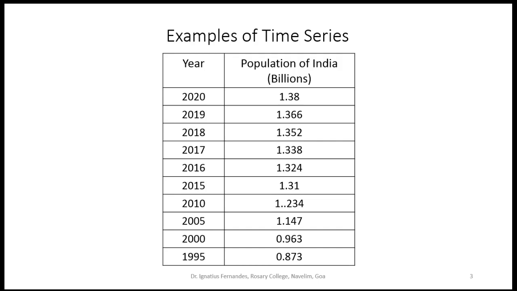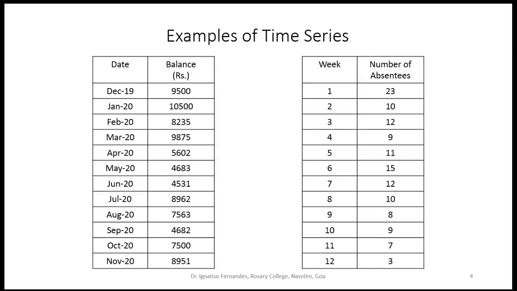Then we have the bank balance data of some person from December 2019 to November 2020, with the balance values in rupees from the bank statement. Here this is month-wise data, an example of a time series.